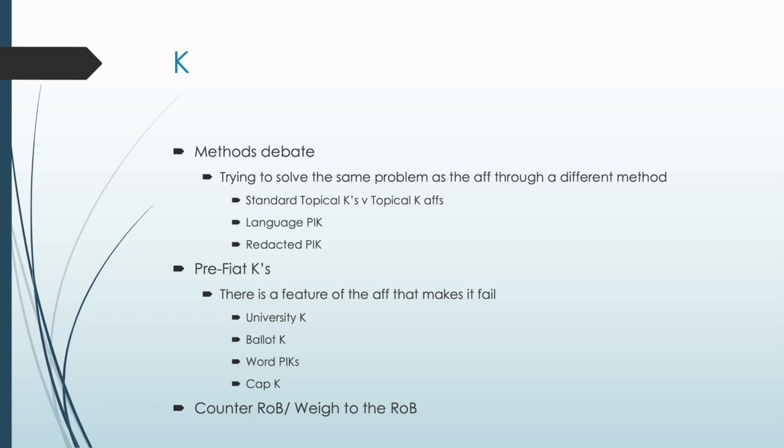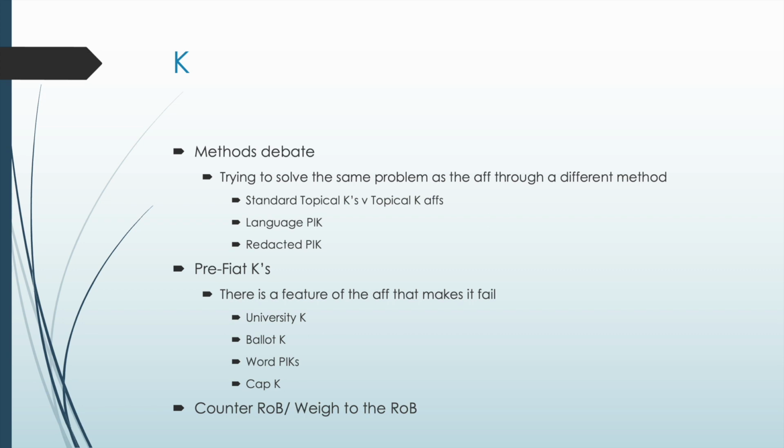Or the redacted pick is becoming pretty popular, where you basically say that you affirm redacted, or you defend redacted, instead of saying the plan text. So the plan text of the AF is fitted into the redacted section of the pick alt, and the reason for doing that is to hide it from things like the university and the state, if the university and state are proven bad by the thesis of the K.